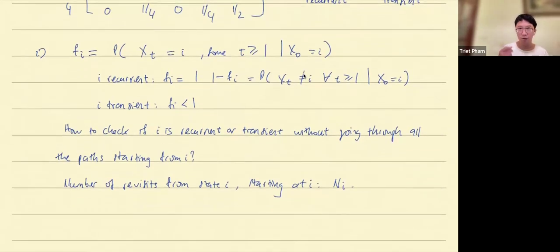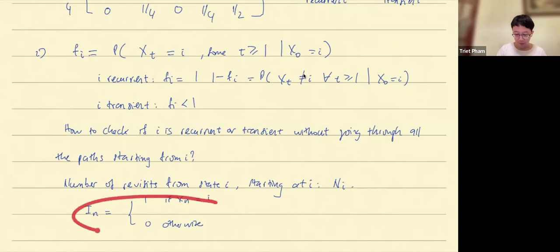We need to define one more variable: I sub n is 1 if x sub n is equal to i, and 0 otherwise. So this is the indicator function that the chain visits state i at time n.